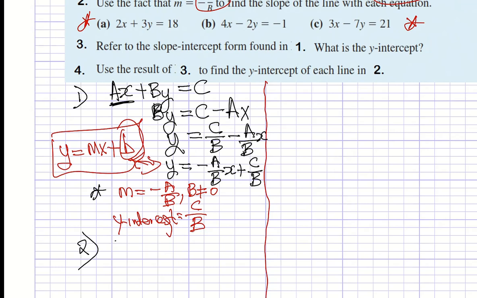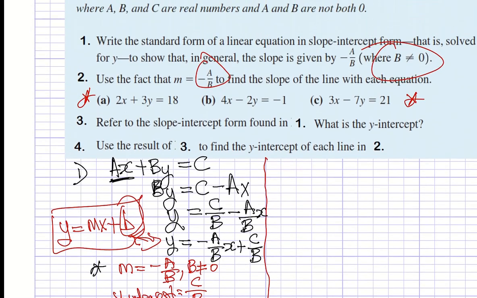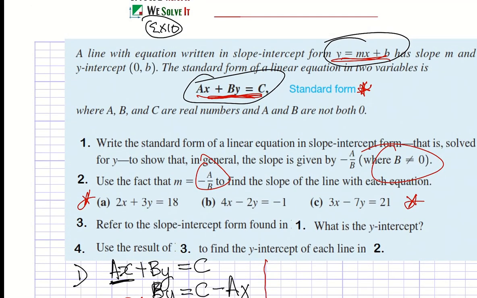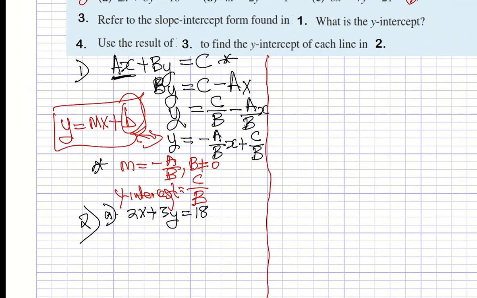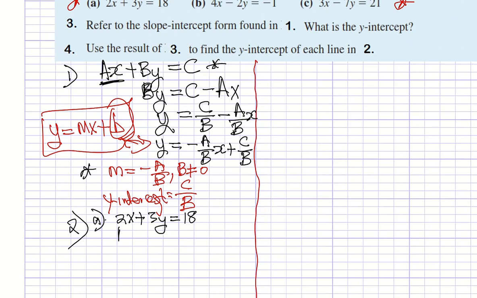The first equation is a. They give you 2x plus 3y equals 18, right? So we'll put it here.